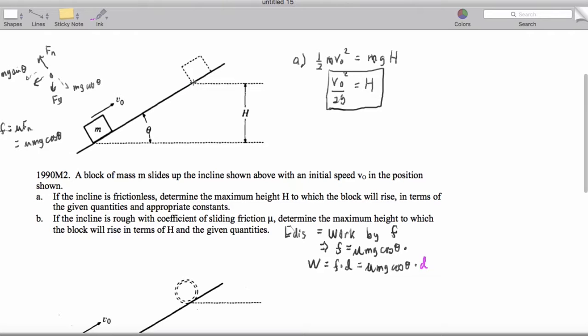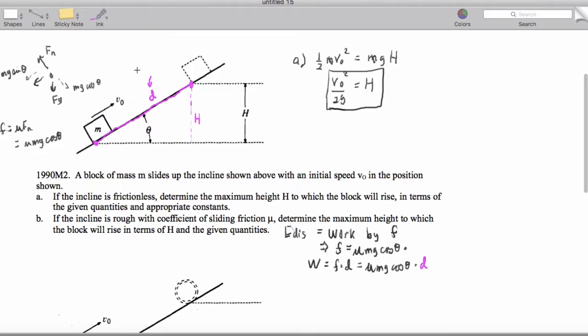So let's go from, this is h, and we start here. So this distance is what we'll call d, and h is the height to which the object rises. D is the distance over which friction does work.